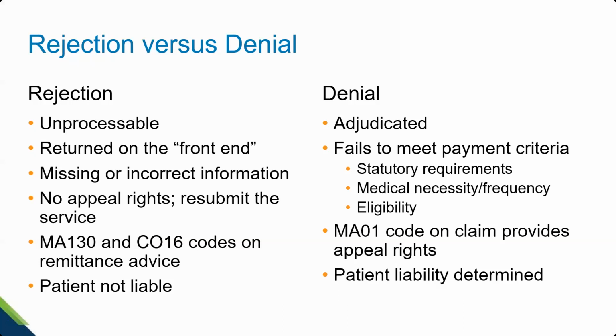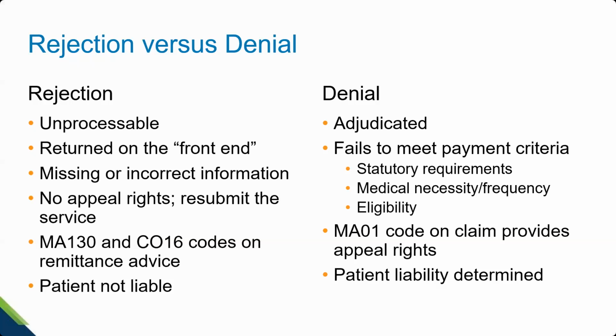Denials, on the other end, are actually adjudicated, and the reason we deny claims could be for a number of reasons, but these fail to meet payment criteria, and this is based quite often on laws or what we call statutory requirements. Sometimes the service doesn't meet Medicare's medical necessity parameters or criteria, and this would include any frequency or utilization guidelines.